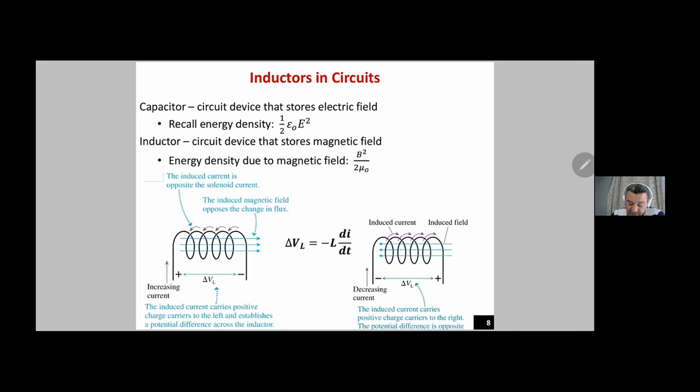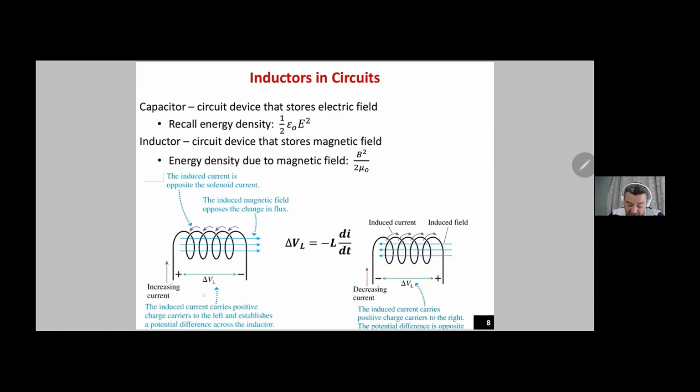So to understand what does this mean, if I have a time varying flux or magnetic field going from the left to the right, increasing, then basically this is going to result into an opposing magnetic field.